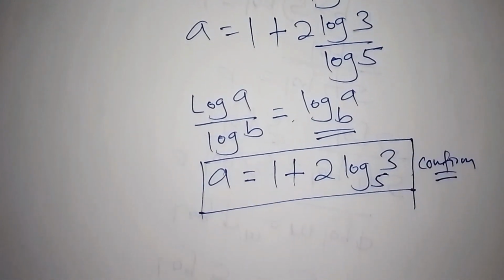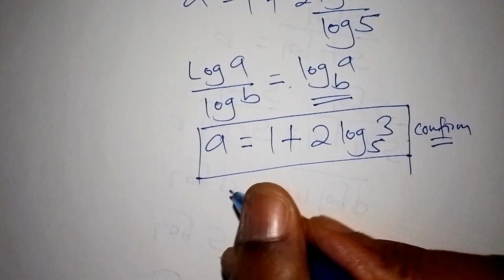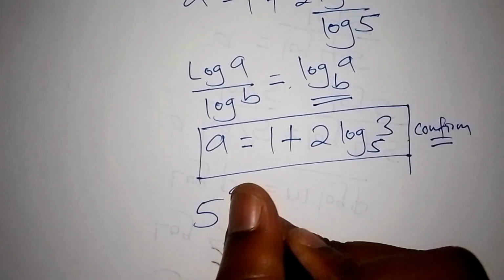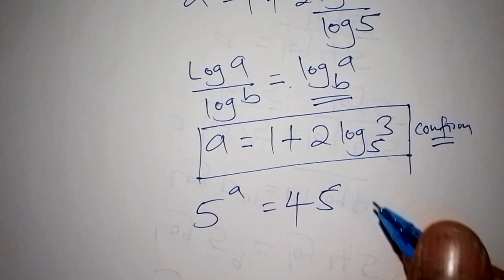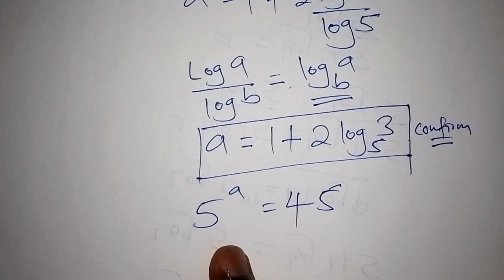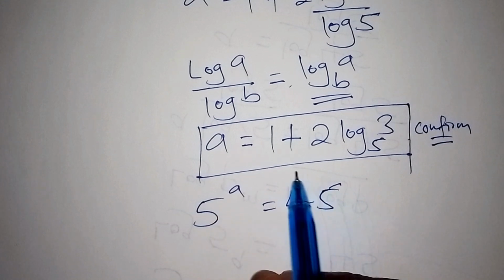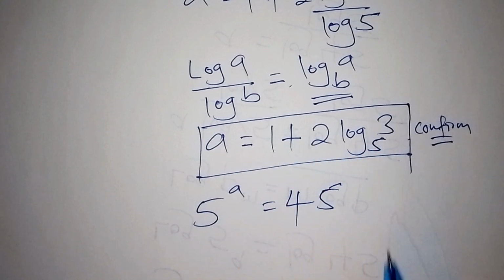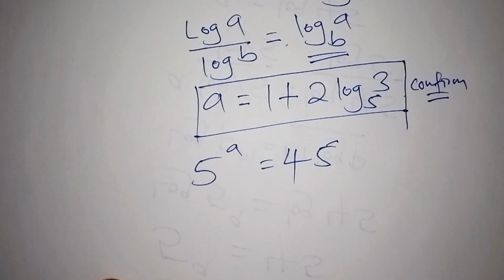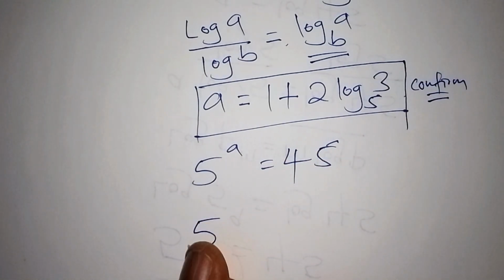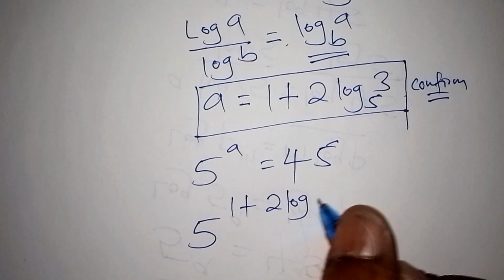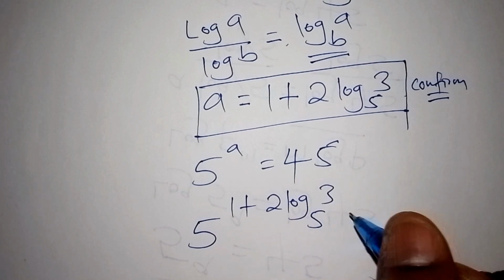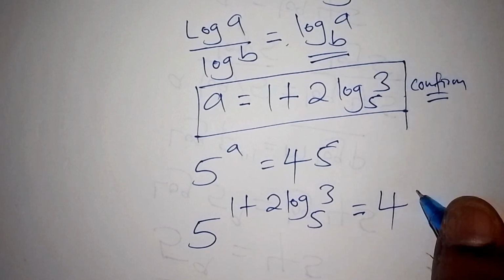Our major equation was 5 to the power of a is equal to 45. Now instead of writing a, we equate it with 1 plus 2 the log of 3 to the base of 5. So we shall have 5 to the power of 1 plus 2 log 3 to the base of 5 is equal to 45.